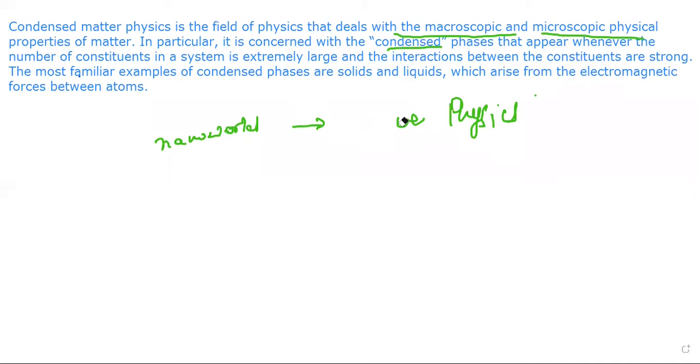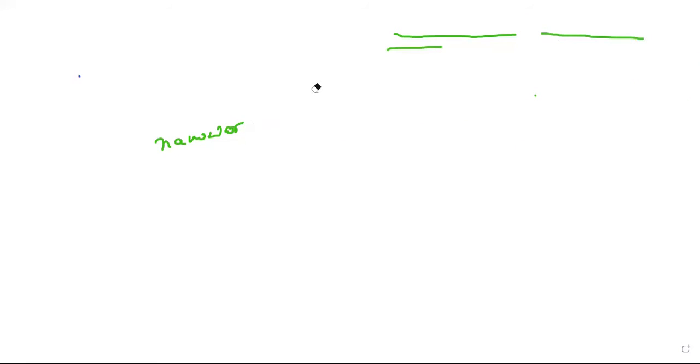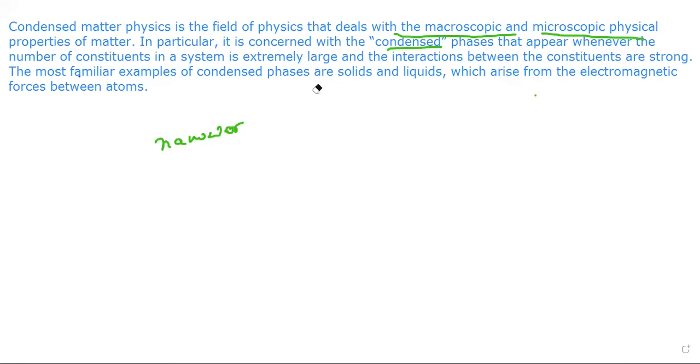Why do we need to understand, and what is all about this condensed matter physics? Today, since it is introductory, initially we will not be considering the microscopic structure property of the material, and later on we will cover this microscopic property.